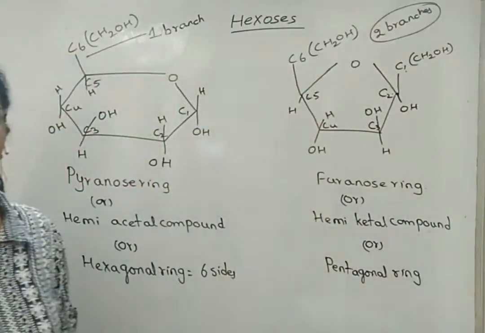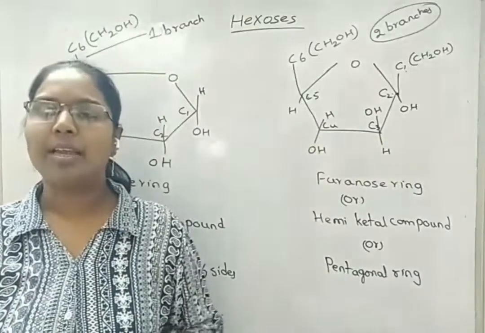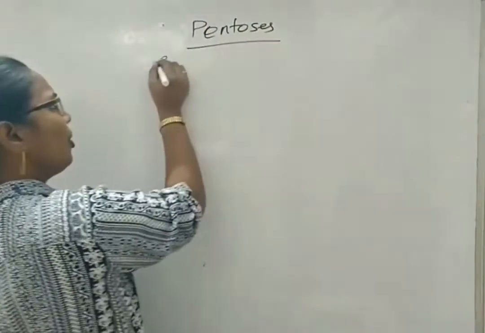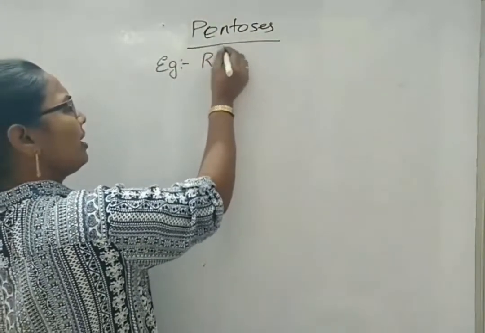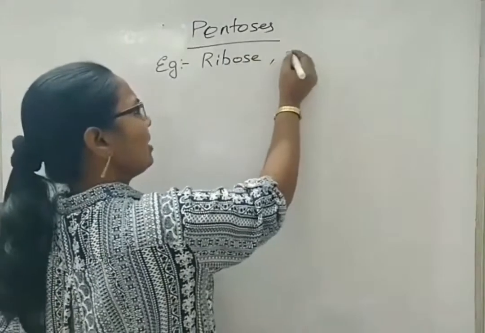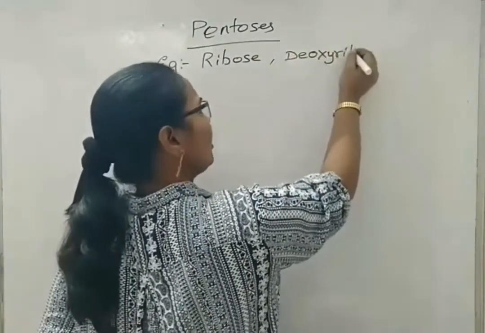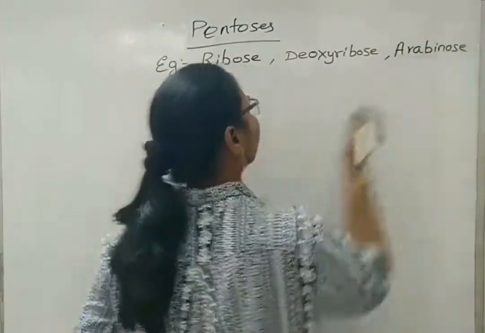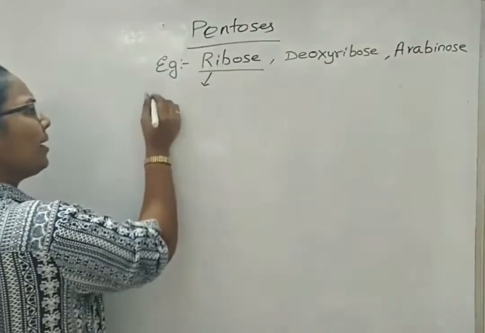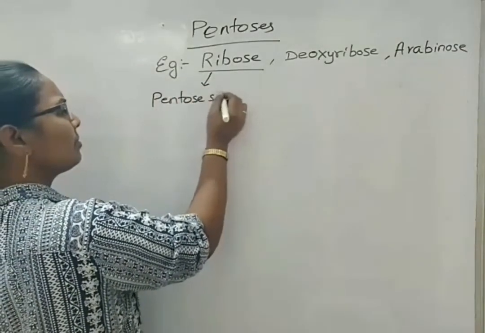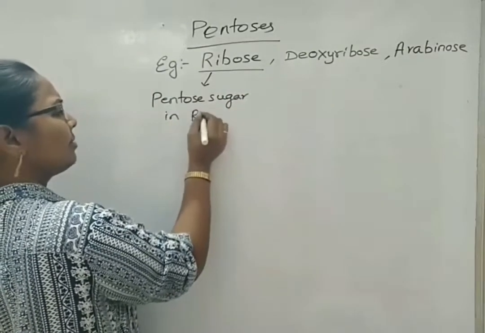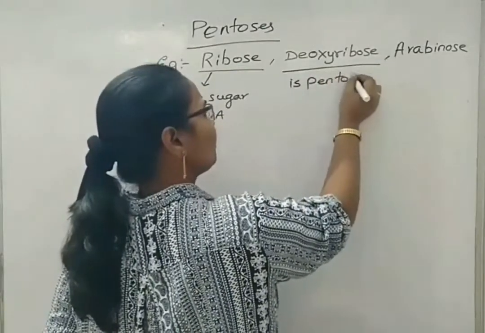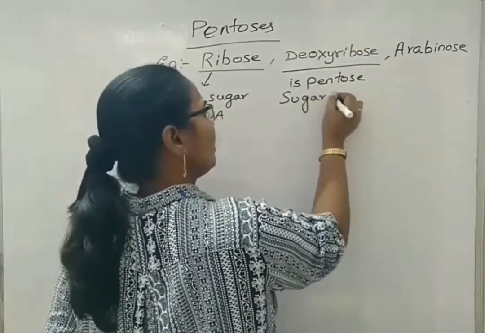So these are a few points regarding the pyranose ring of glucose and the furanose ring of fructose. Pentoses: what examples can we consider here? One is ribose sugar. Next is deoxyribose sugar. Next is arabinose. Ribose is the pentose sugar in RNA. Deoxyribose is the pentose sugar in DNA.